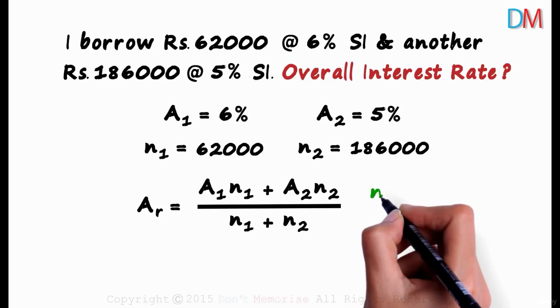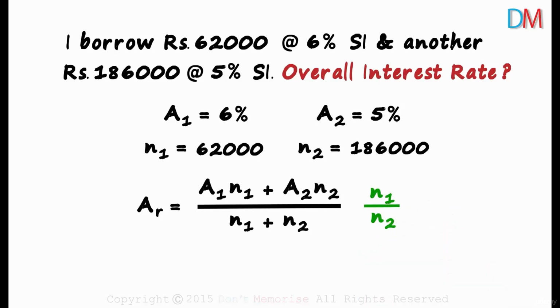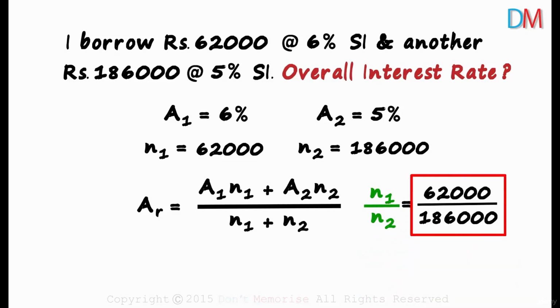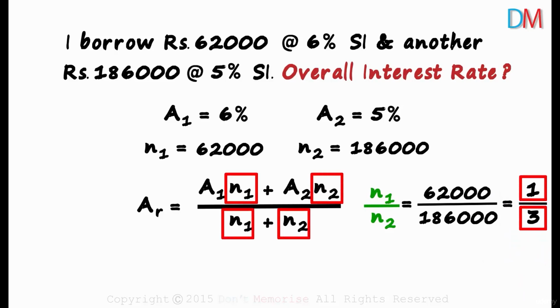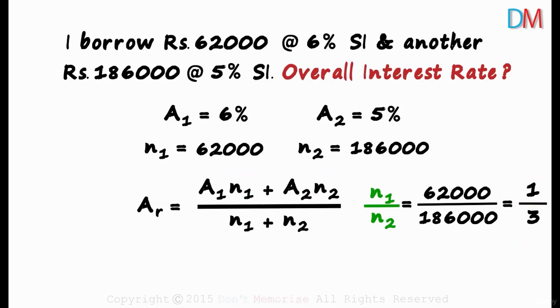Here, the ratio N1 to N2 should be enough. It will equal this. Can this be reduced or simplified further? Yes, the zeros can be cancelled, and 62 times 3 is 186. This ratio can be written as 1 over 3 in the simplest form. And I'm sure you know that substituting 1 and 3 in place of N1 and N2 will give us the same answer.